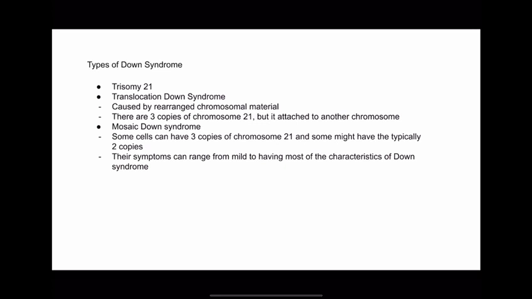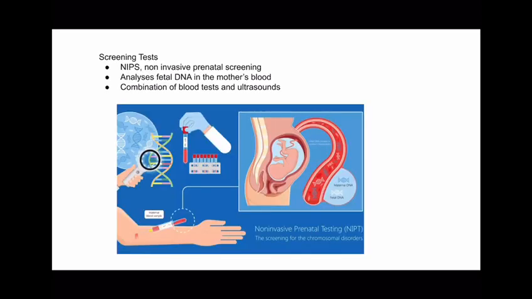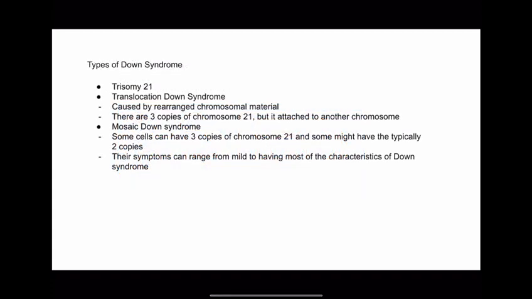Down syndrome can actually be detected prenatally through a variety of tests. And some of the common methods of testing are, for example, screening tests. Non-invasive prenatal screening, NIPS, is a blood test that analyzes fetal DNA in the mother's blood to detect any chromosomal abnormalities, including Down syndrome.